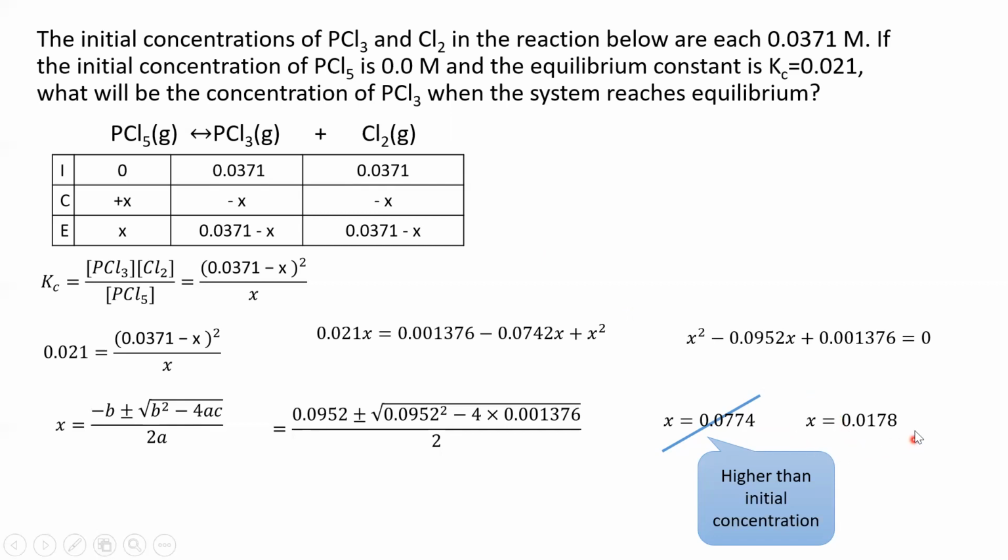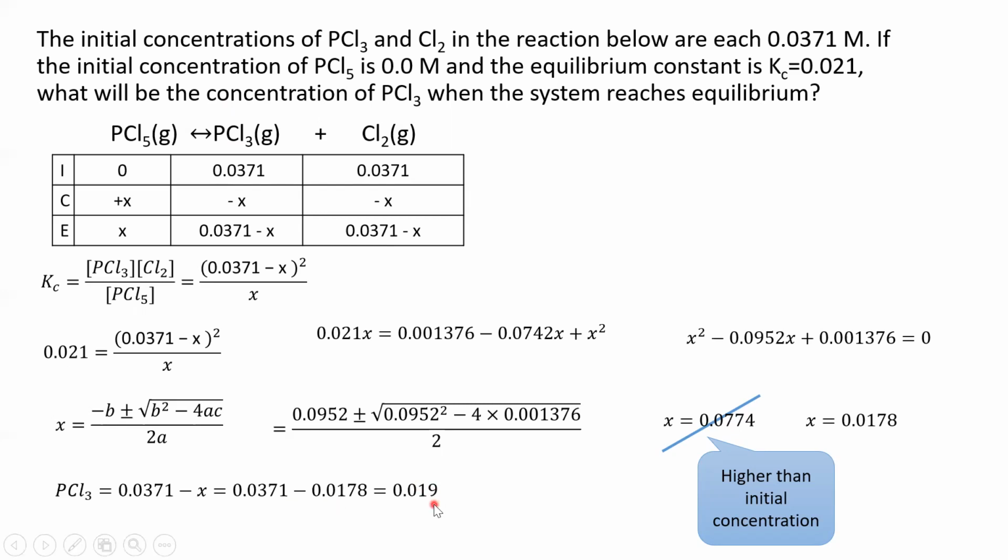So once we solve for X, we can figure out the equilibrium concentrations, which is what we're looking for. And in this case, it actually didn't ask us for all the equilibrium concentrations. It just asked us for the equilibrium concentration for the phosphorus trichloride. So to figure that out, we would take 0.0371 and subtract X. So the phosphorus trichloride would be 0.0371 minus 0.0178.